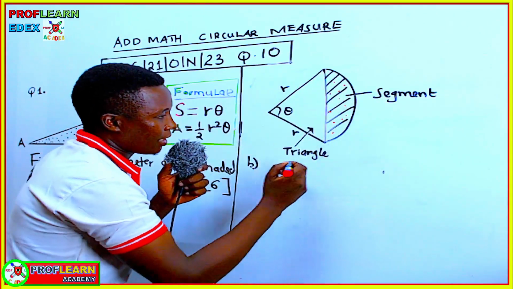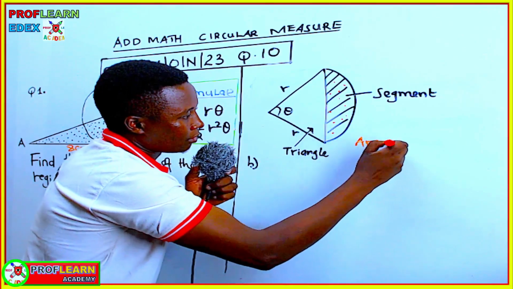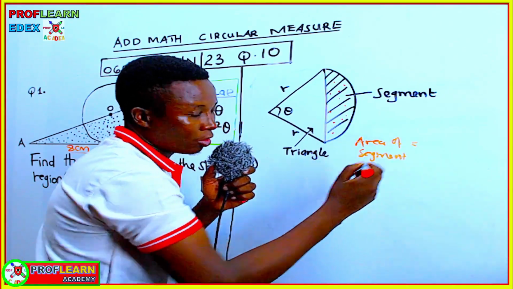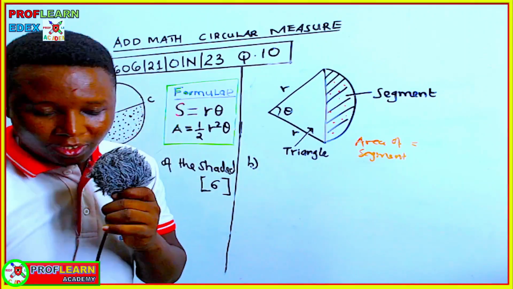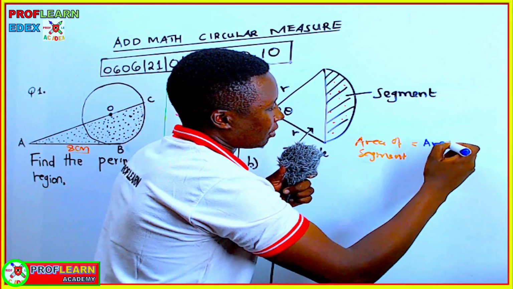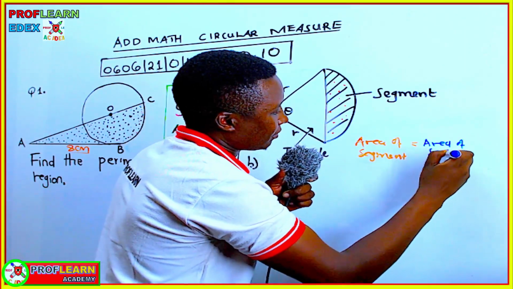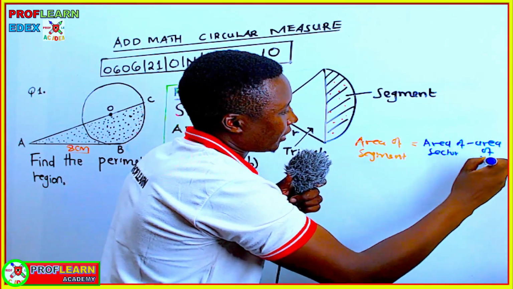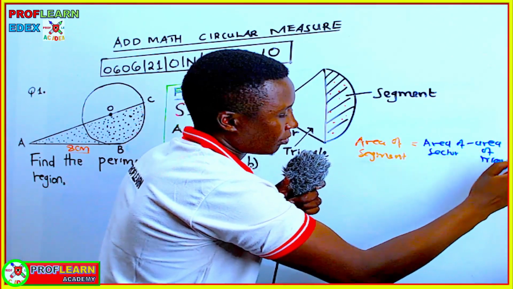So we can say, therefore, the area of a segment is given by the area of the sector minus the area of the triangle.